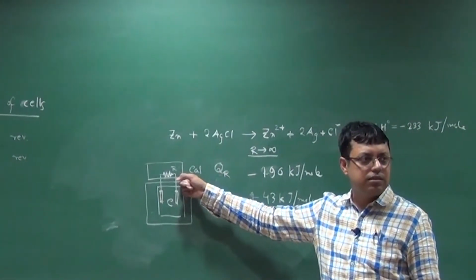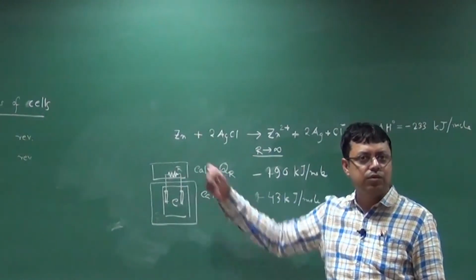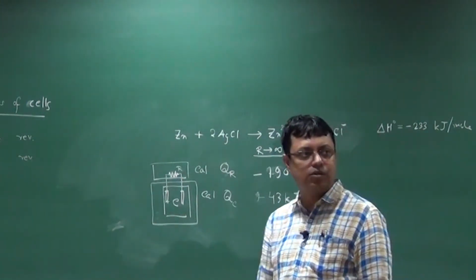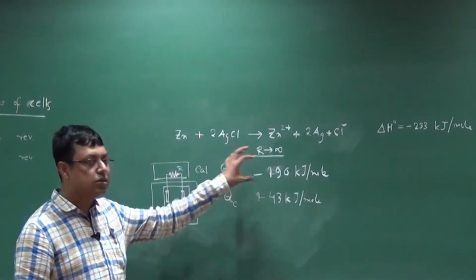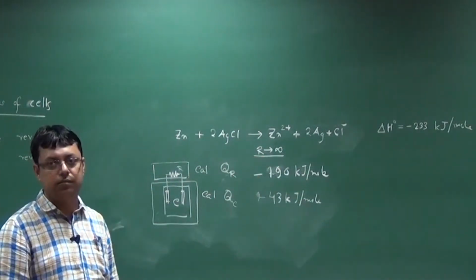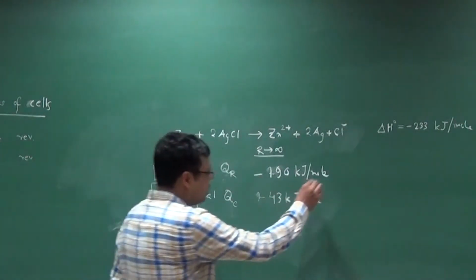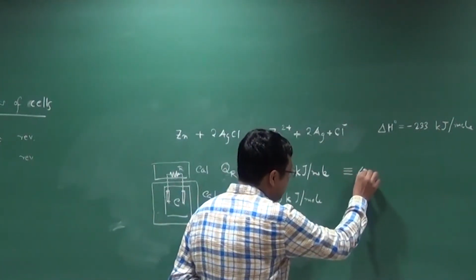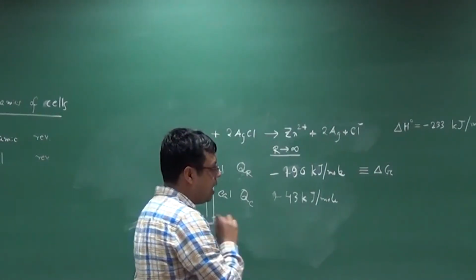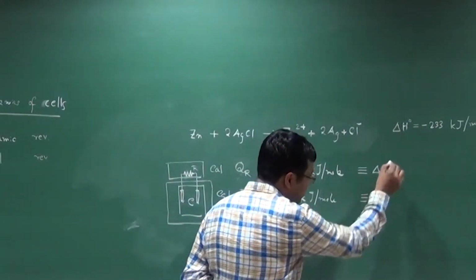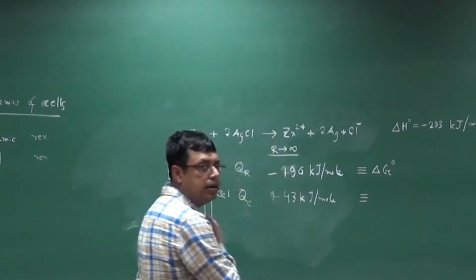Here we are just heating it up. I could have used a bulb and drawn some light energy. So this amounts to my delta G, and under standard condition I should write it as delta G0.